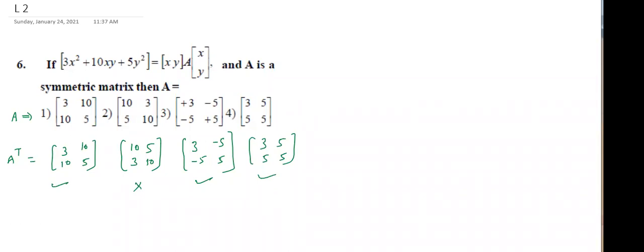Now, by verification method, I am going to verify the first option. In right hand side, matrix xy. First option, what is there? 3, 10, 10, 5, to second matrix x, y.